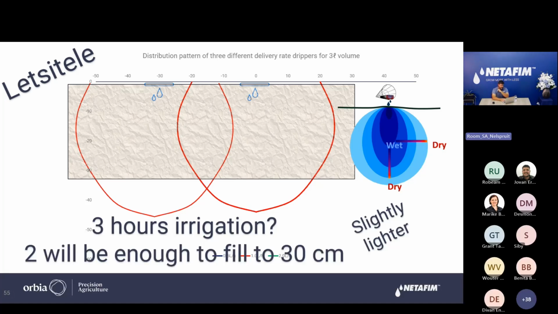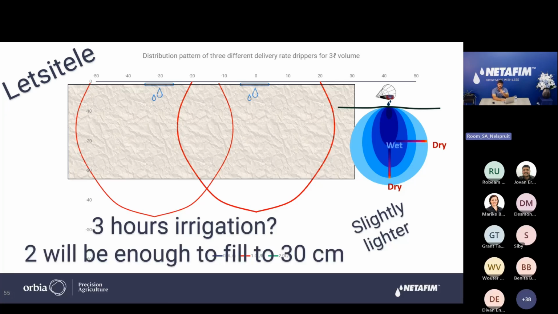So as you can see, if my drippers are spaced every 30 centimeters and I irrigate for that 3 hours, I will get a very nice overlap of water there, but there might be some water that goes past my root zone. So anything that goes past your root zone is considered a loss.